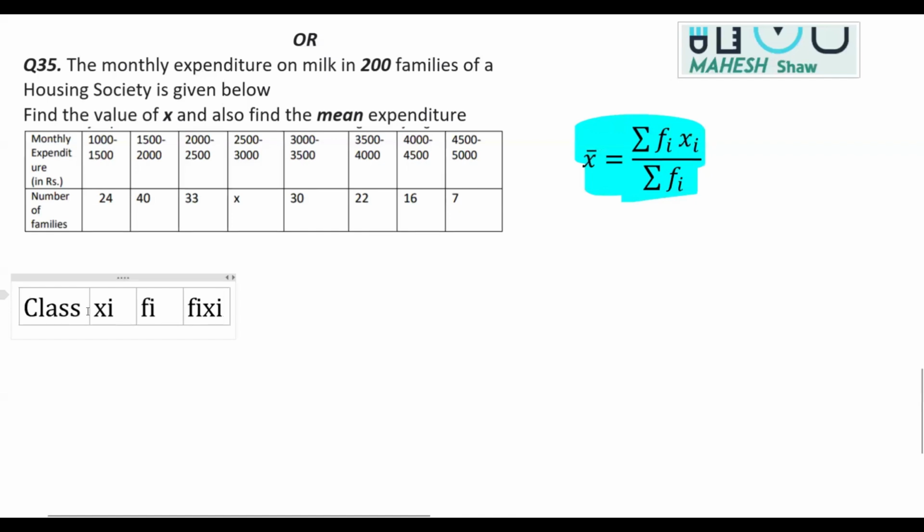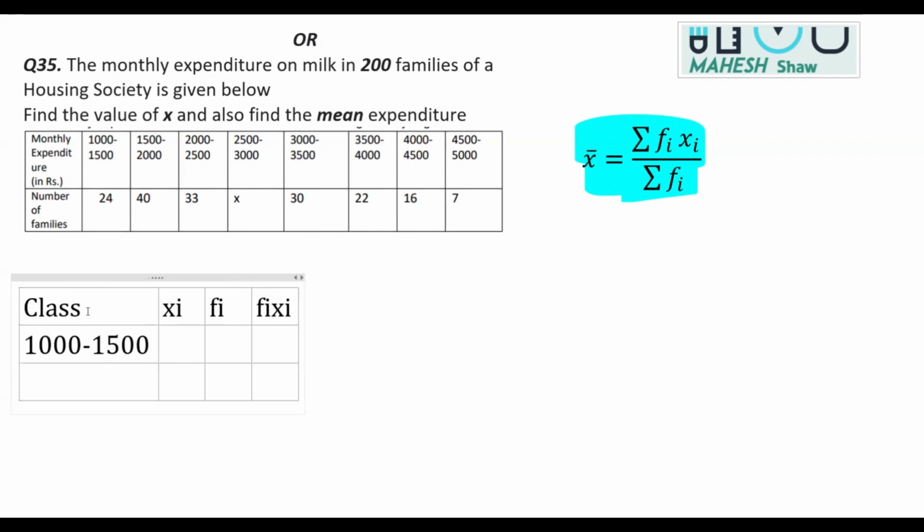Now the class is given here. The first class is 1000 to 1500. The next is from 1500 to 2000. Next has to be 2000 to 2500.